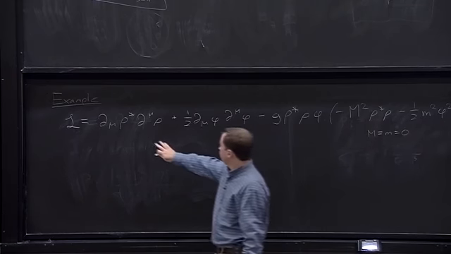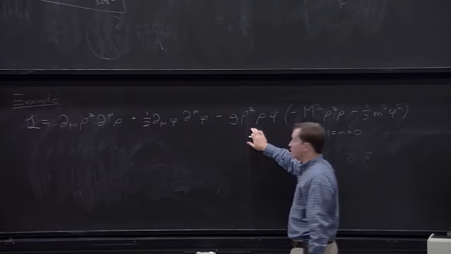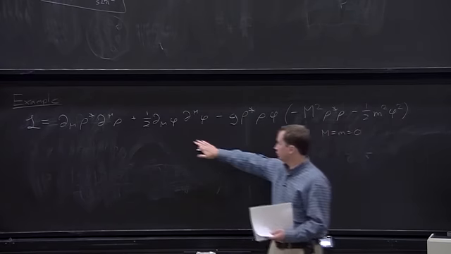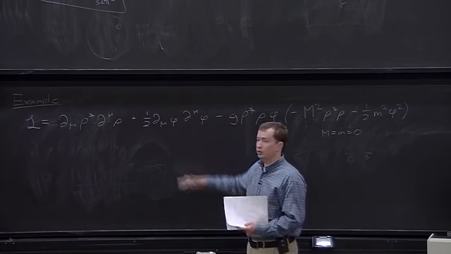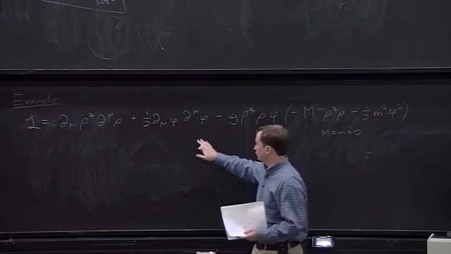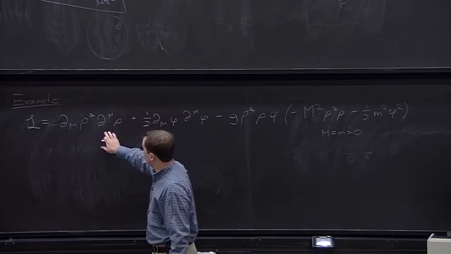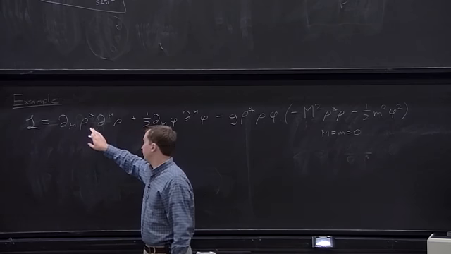So this is a simplified version of how nucleons like protons and neutrons interact with mesons, which are bound states of quarks and antiquarks. The difference between this model and a more realistic model is that real nucleons have spin 1/2.